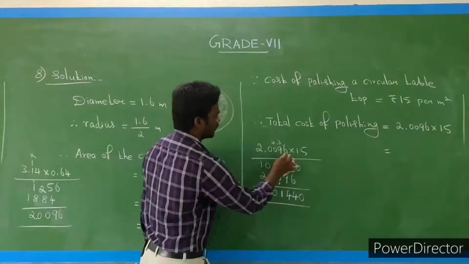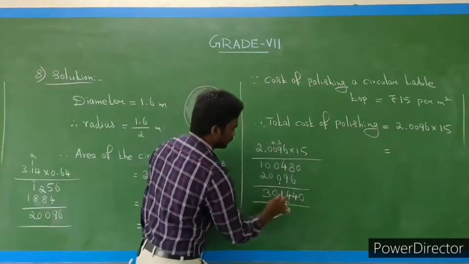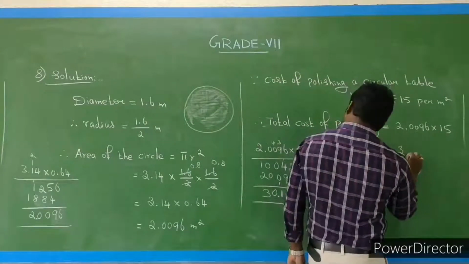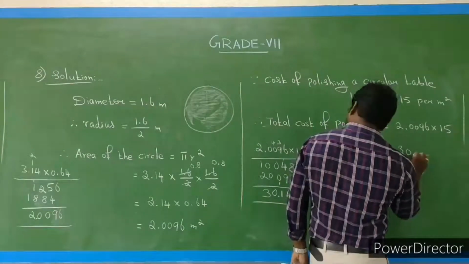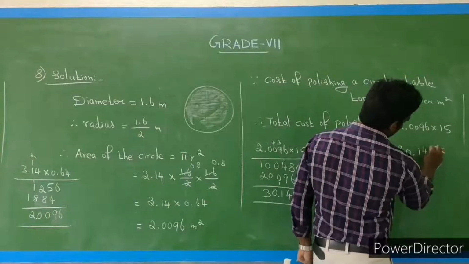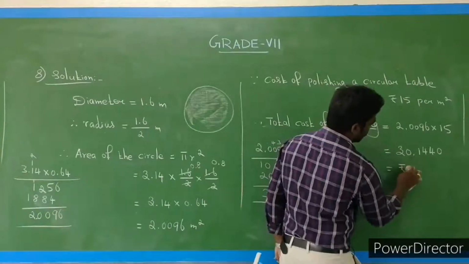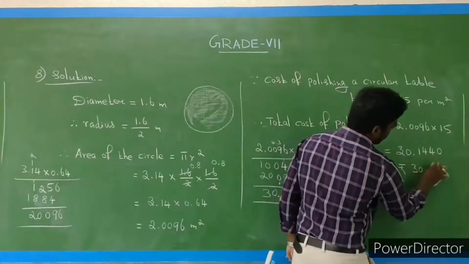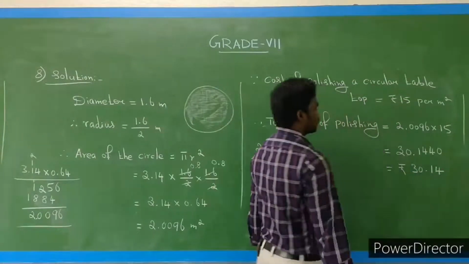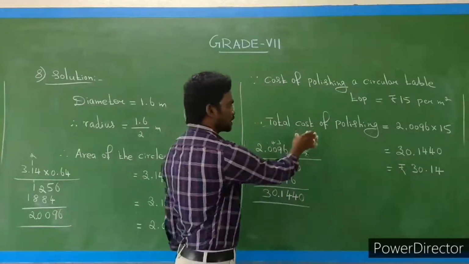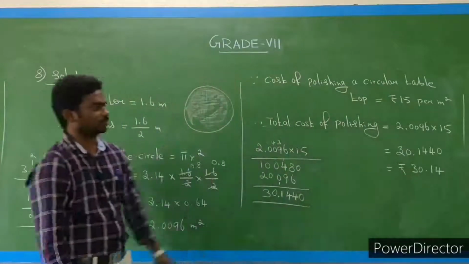So the value is, we can move 4 digits from the right side, which is equal to 30.1440, which is equal to rupees 30.14. So rupees 30.14 is the total cost of polishing the circular tabletop.